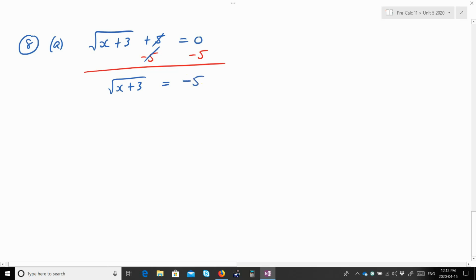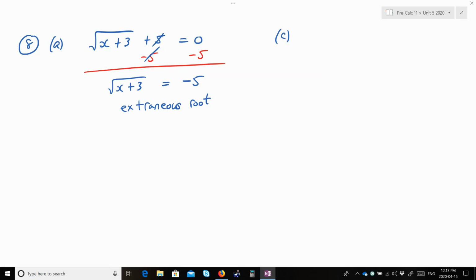We cannot have the square root of something equaling a negative. So this is going to have extraneous roots. I think there'll just be one answer for this one, so it'll be an extraneous root. Okay, and so that's what they mean by inspection. Just sort of looking at the equation without actually solving it.